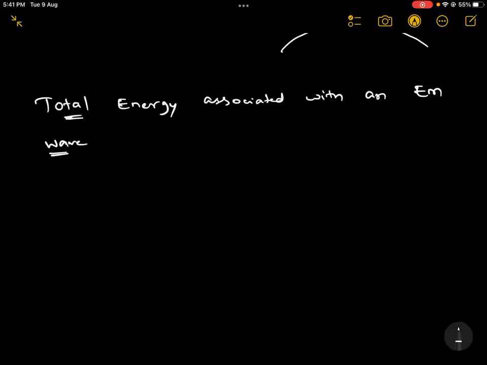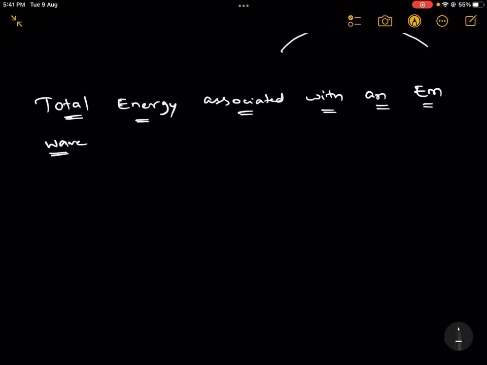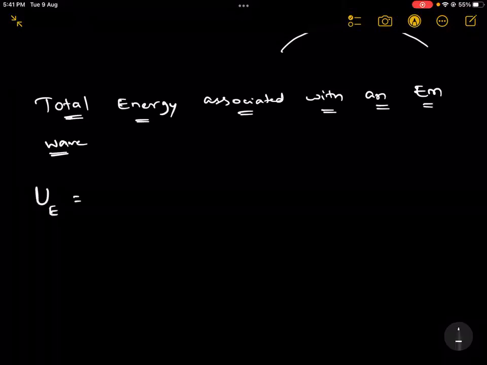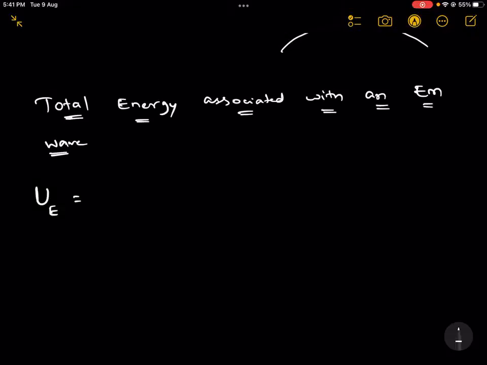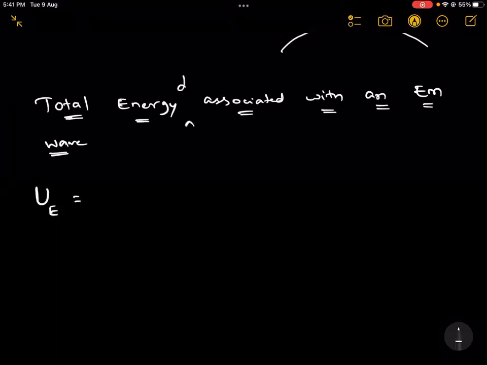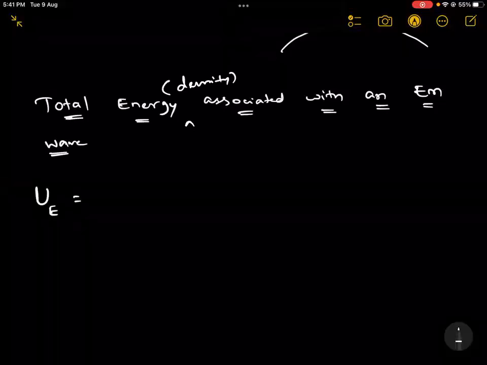For that, energy in the form of electric field is going to be that. Actually, you are speaking about energy density, so I would rather make it total energy density. So what is UE? What is the energy density in terms of electric field?